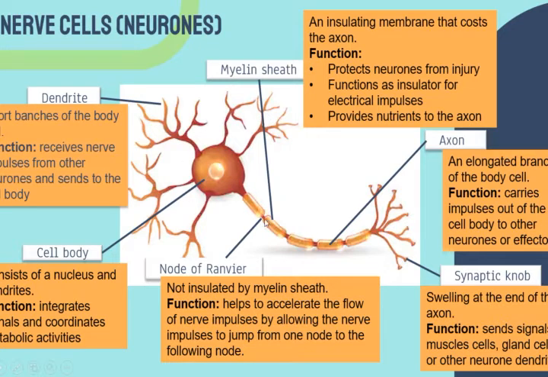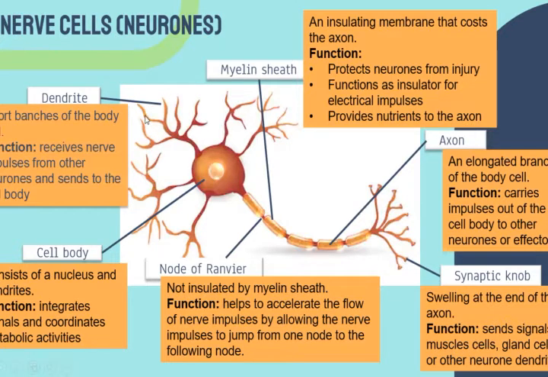This is the axon, the whole thing here, covered by the myelin sheath. A gap between the myelin sheath we call the node of Ranvier. At the end of the axon there is the swollen part, which we call the synaptic knob. The synaptic knob will send the impulse to the effector.